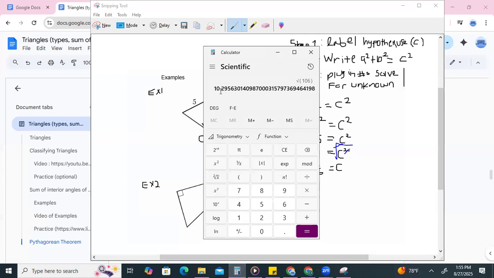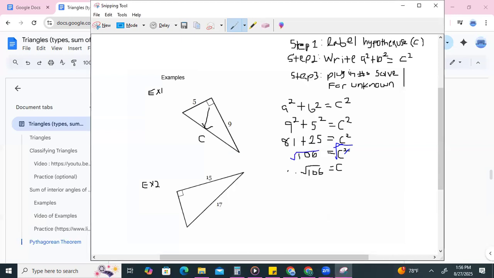So we have 10.2956, which rounded to the hundredth place will be 10.30. So it'll be approximately 10.30. Because we're doing approximately, you don't use an equal sign, you use the approximation sign, which is a squiggly equal sign.